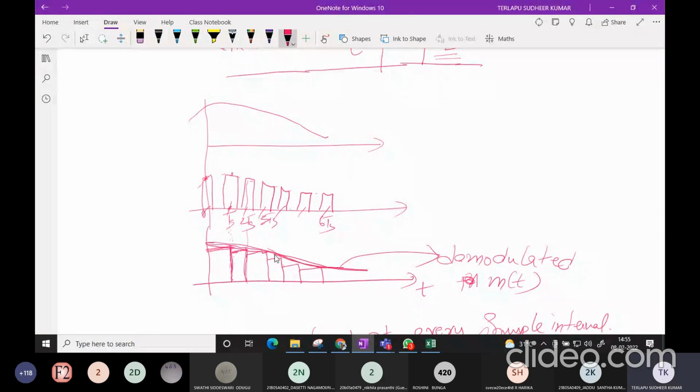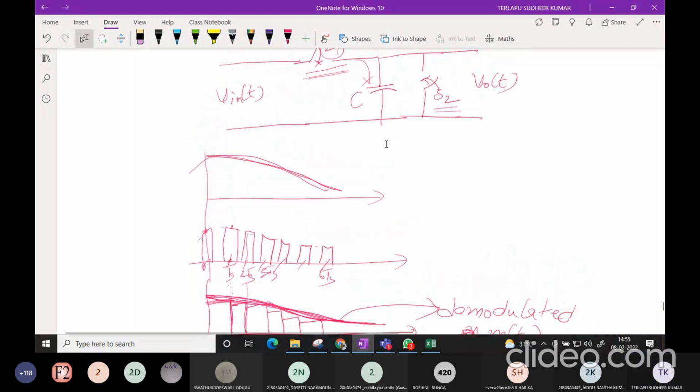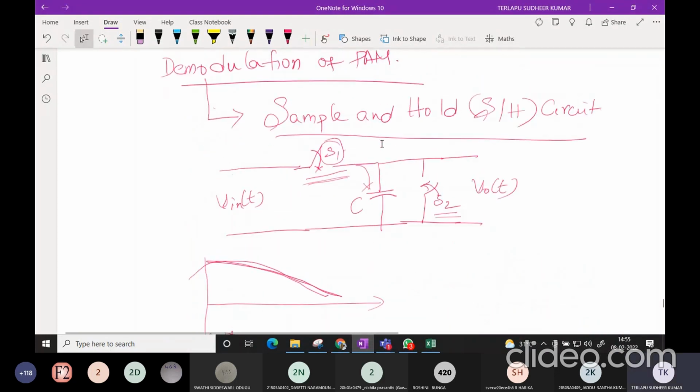When I pass it through a low pass filter, I'll get the same signal that I used at the transmitter. This is how we demodulate a pulse amplitude modulated signal. Forget about whether my input is an ideal sampled PAM signal, a natural sampled PAM signal, or even flat top sample.